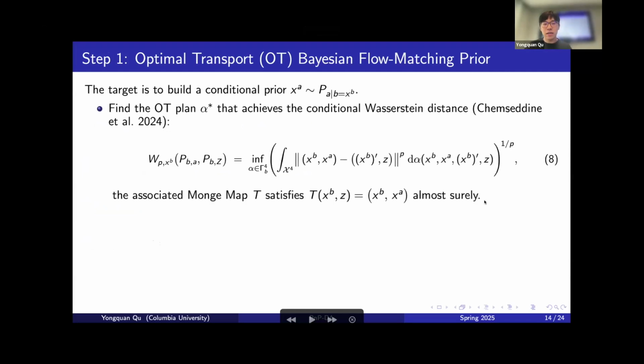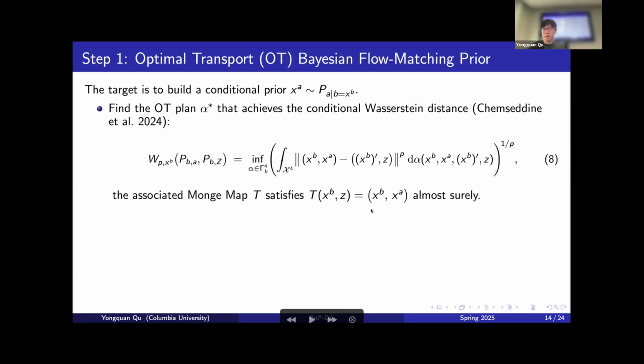It looks crazy, but anyway, we want to find the optimal transport plan that achieves this conditional Wasserstein distance, which has some theoretical guarantee that we're able to sample from a conditional distribution. Essentially, this optimal transport plan tries to transport the joint distribution of your background and your reference distribution to the joint distribution of your background and your analysis distribution.